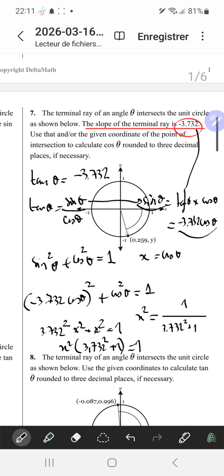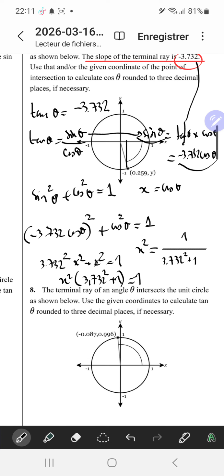Okay, but here we see that the cosinus is positive, so we will take only the root square of this. So x is root square of all this.